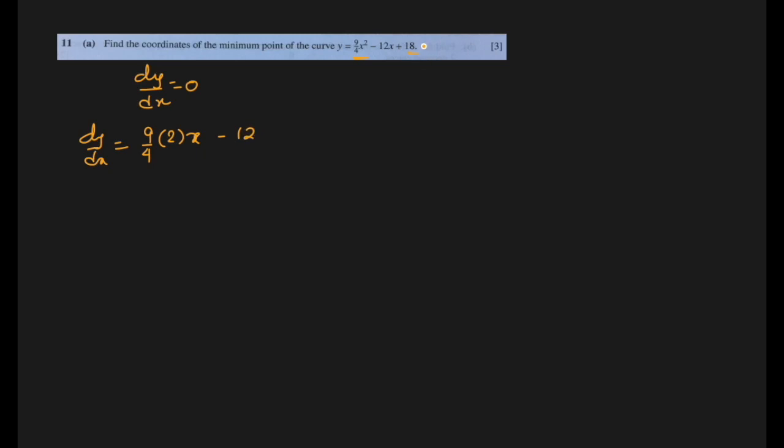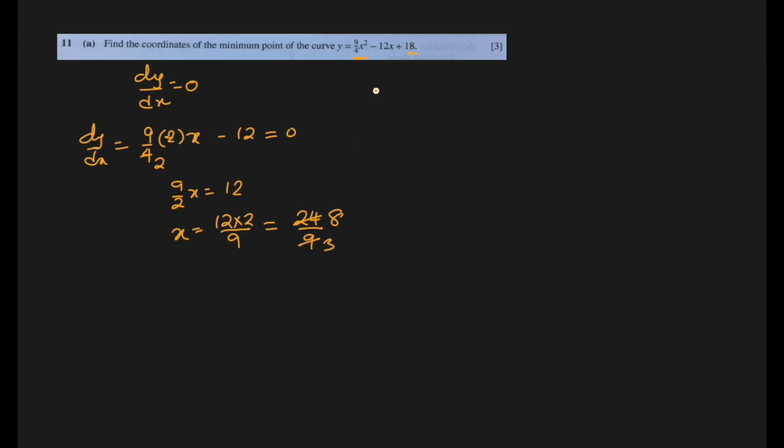Differentiation of 18 will be 0. This has to be equal to 0. We can cancel this. So 9 over 2 x equal to 12. So x becomes 12 times 2 over 9, which is 24 over 9. And they're saying coordinates. They're not saying coordinate. That means more than one. Let's simplify this first. It is 8 over 3.